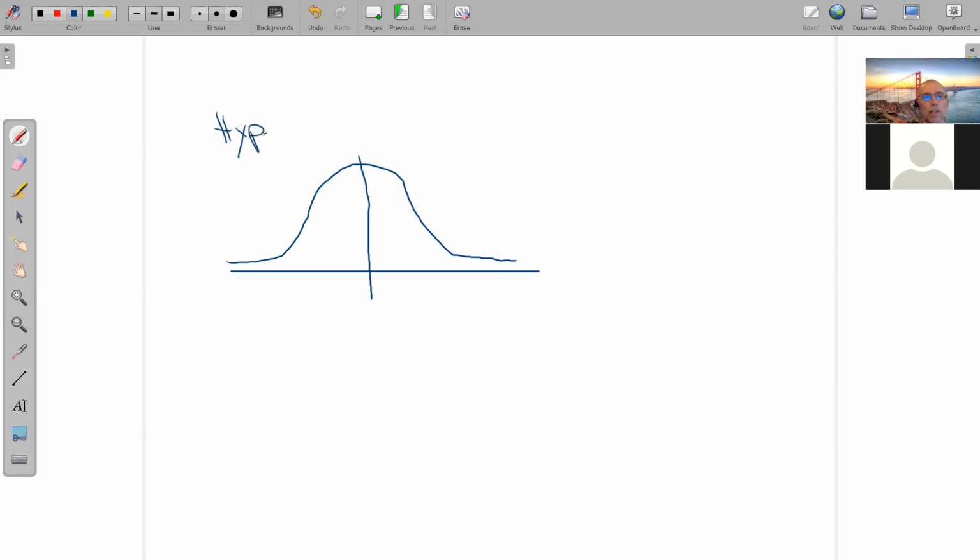So we have a hypothesis test for proportion, home team wins. The null hypothesis always goes in the middle, and the null hypothesis is that the population proportion is 50%.